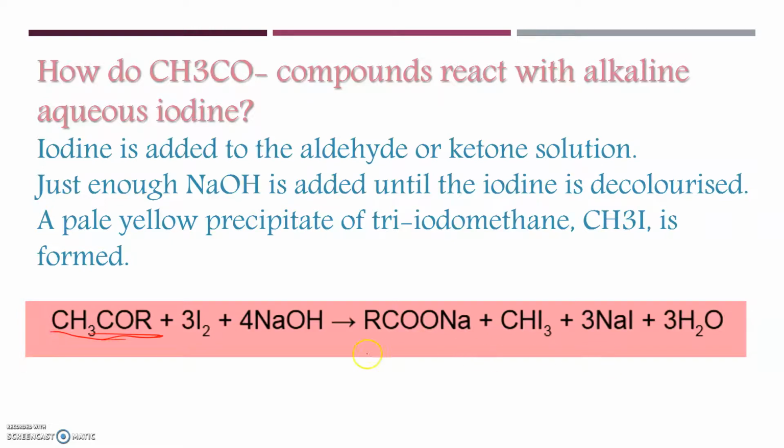This is the chemical equation. Of course, R is an alkyl group, so you can replace it with CH3 or whatever alkyl group, plus iodine plus sodium hydroxide gives RCOO-. This COO functional group is called the carboxylate group.